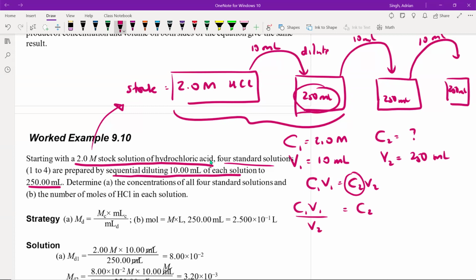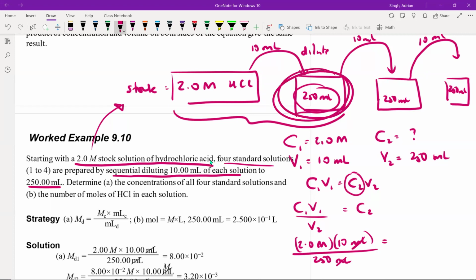I substitute these values in, I end up with my C1, which is 2.0 molar times my V1, which is 10 milliliters, divided by my V2, which is 250 mils. Okay, milliliters go away. I evaluate that. I end up with my concentration of this solution here being equal to 0.08 molar.